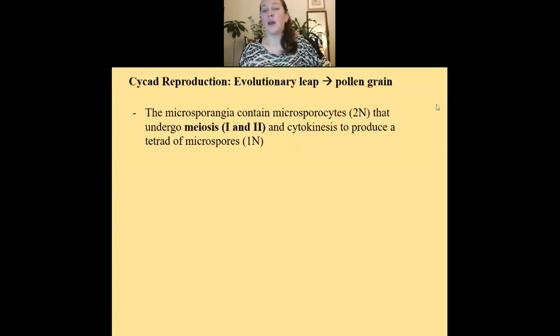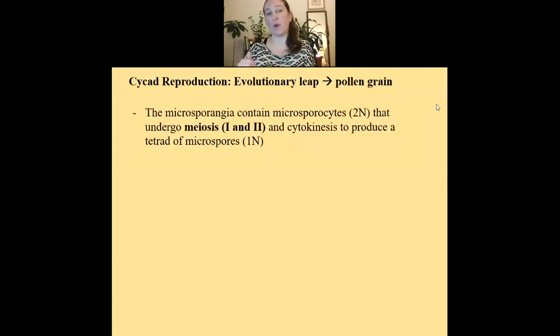There's a question: what's the difference between a pollen grain in cycads and the antheridium of Selaginella? They both produce sperm. Indeed, they both do produce sperm. The same thing is that they're both considered the microspore, for better or worse.